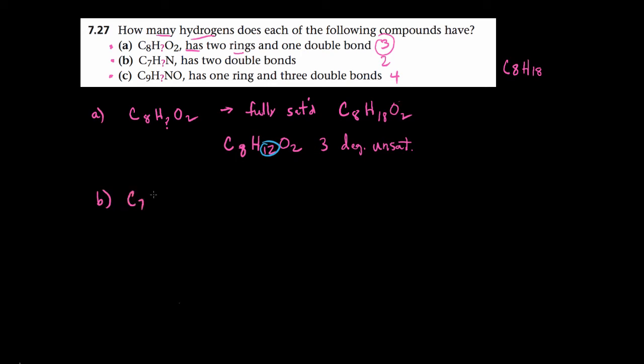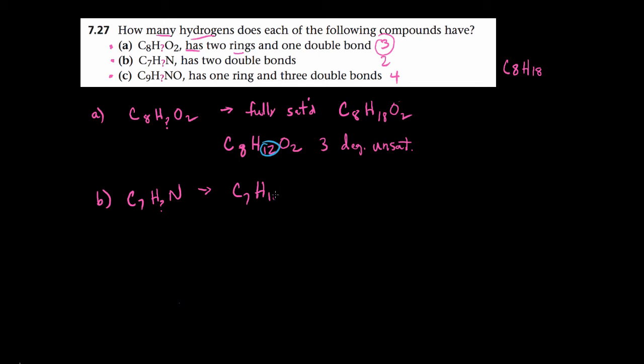C7H question mark N. So the fully saturated version of this molecule would be C7, and if you just do 2n plus 2, you get H16. But when we add a nitrogen in, we need to add another hydrogen with it.